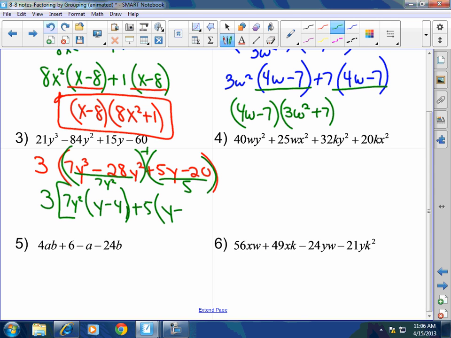Very good. So I got y minus 4 again. Now I have my 2 common binomials again. I factor those out. So I've got 3, which is the GCF, times y minus 4, which is the binomial I factored out, times the leftovers of y squared plus 5.